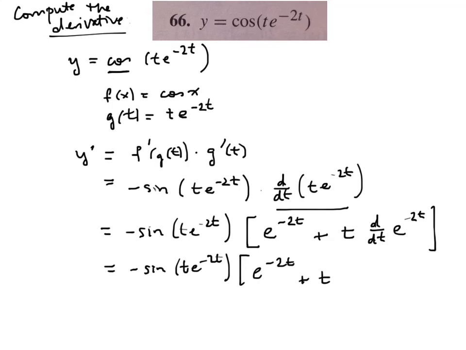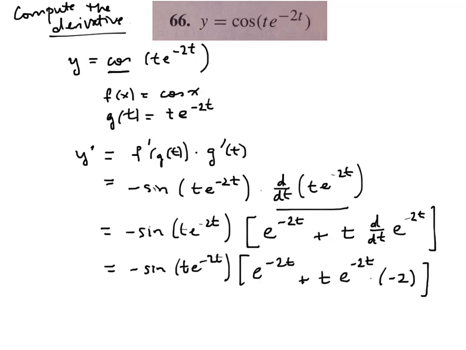So we need to take the derivative of the outside part, the e to the x part, and we leave what we're plugging in the same, so we get e to the negative 2t. But then we have to take the derivative of the inside function, the function that we're plugging in, and we get negative 2.